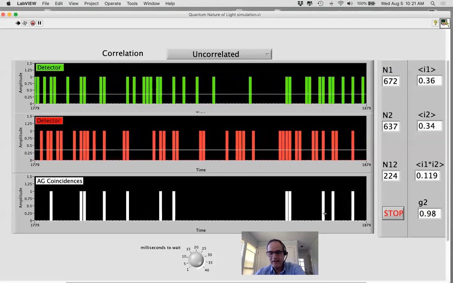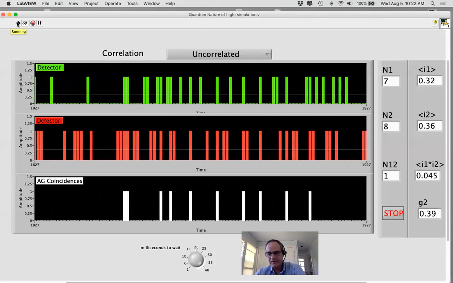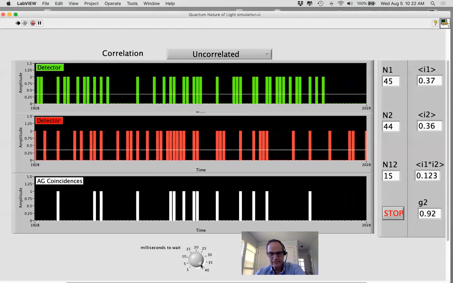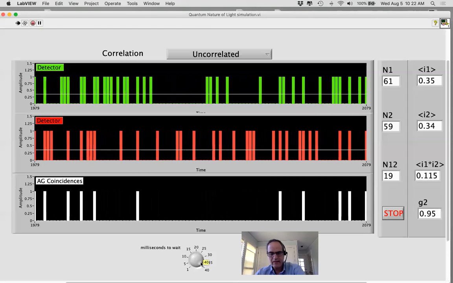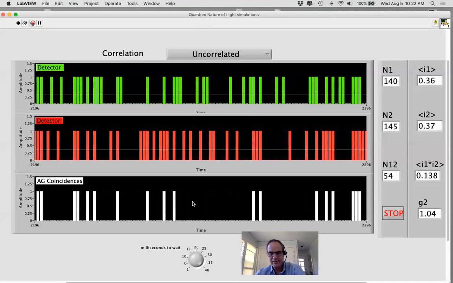Okay? If we stop this and start it again, you'll see that it might start far from 1, but it will rapidly average towards 1. There we go. I'll speed it up a little so we get closer faster. There we are.